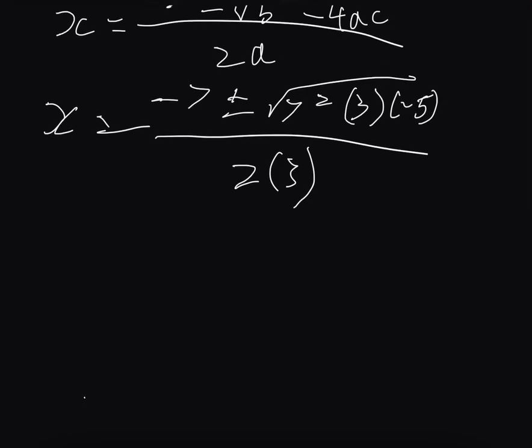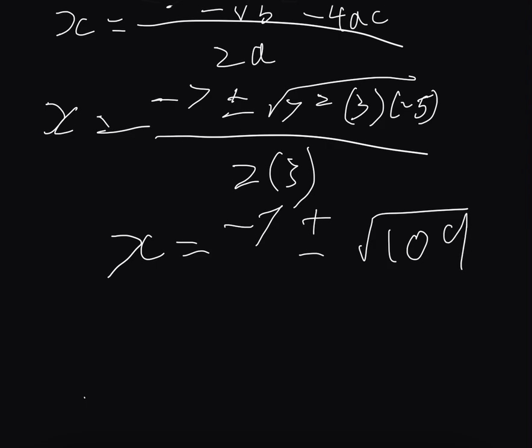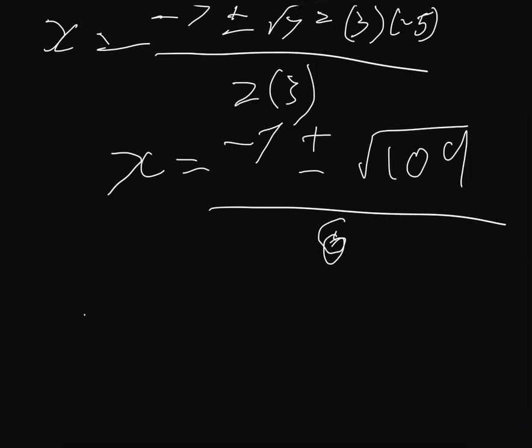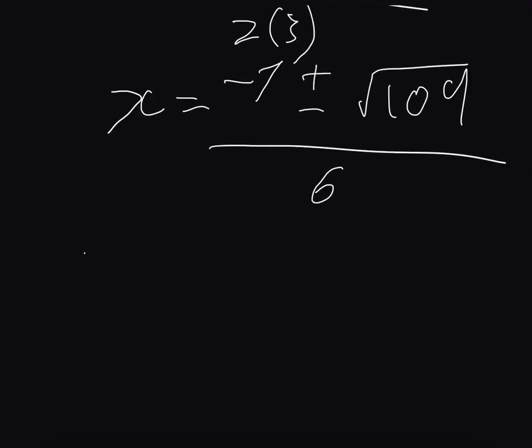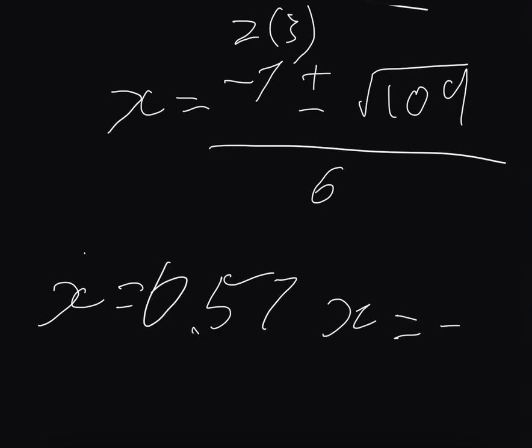Now, if we just simplify this a little bit, we will get x equals minus 7 plus minus square root of 109 over 6. And if we put this into a calculator, we'll get x equals 0.57 and x equals minus 2.91.